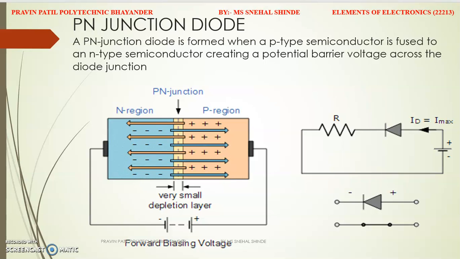It consists of a resistor, a PN junction diode and a DC supply. Below is the semiconductor diode symbol, and in the forward bias region it will act as a closed switch. That means the current will flow through it.